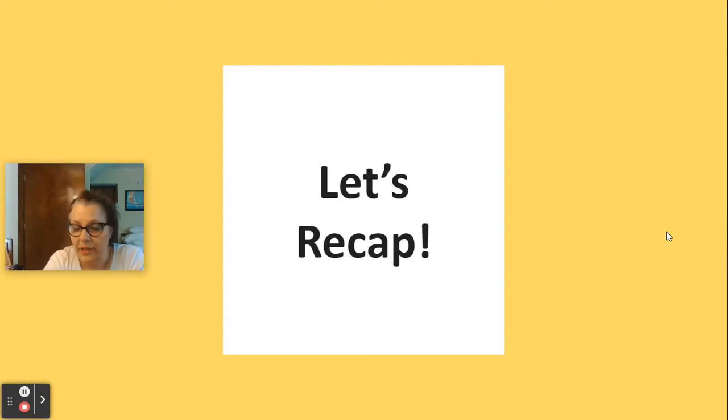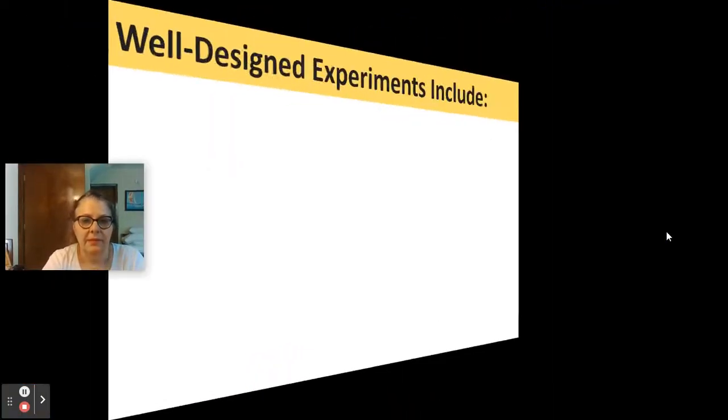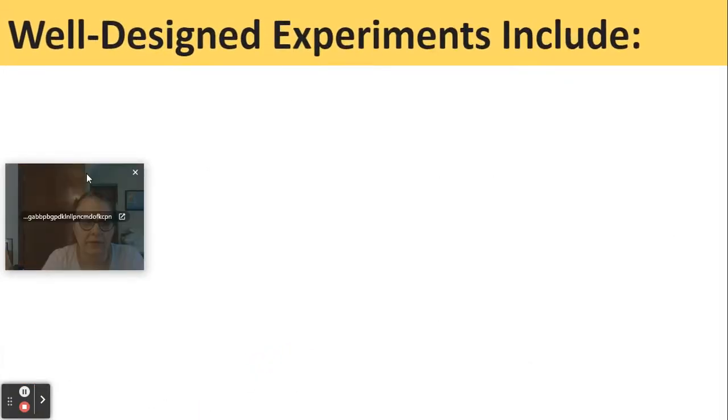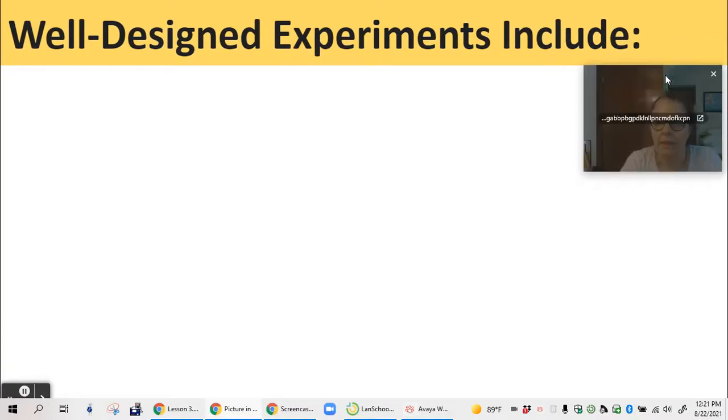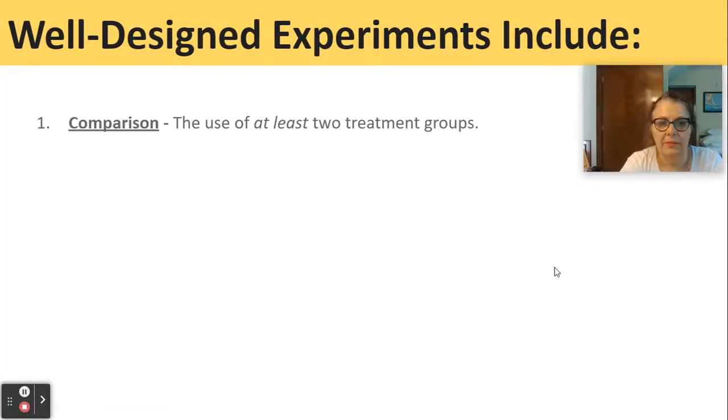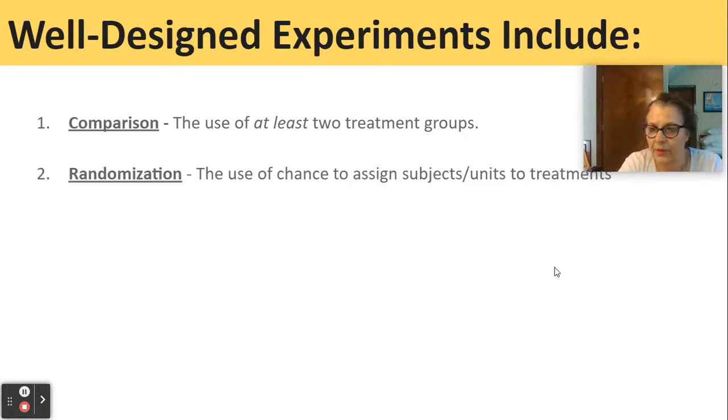So let's do some recap from what we had last time. The first thing we talked about was that in order to have a well-designed experiment, you have to include comparison. It's the use of at least 2 treatment groups. You also have to have randomization, the use of chance to assign subjects or units to treatments.